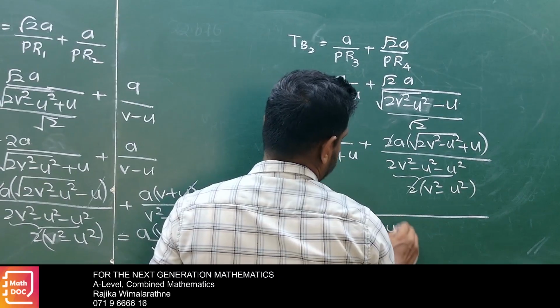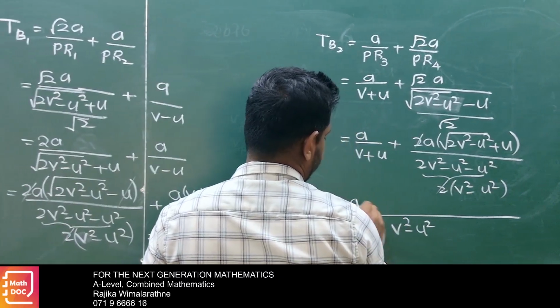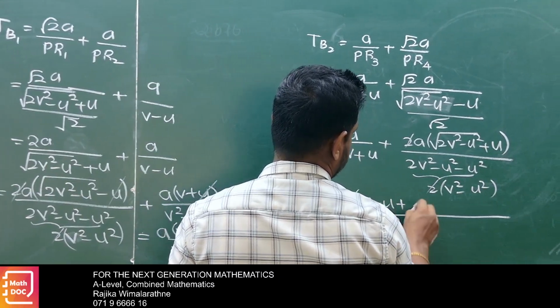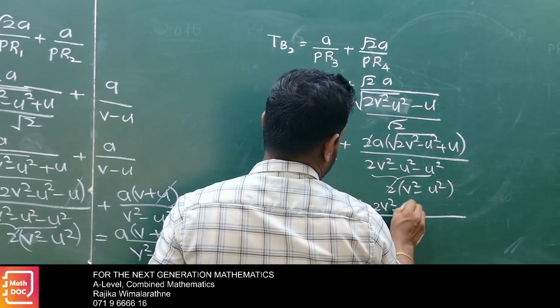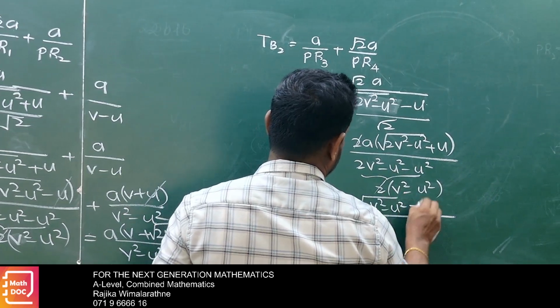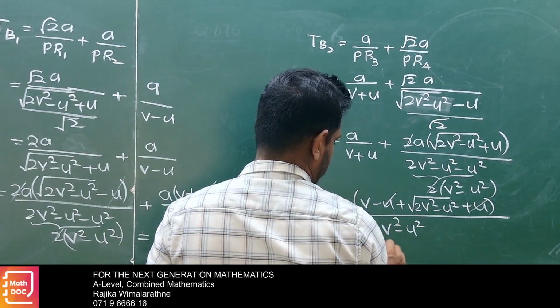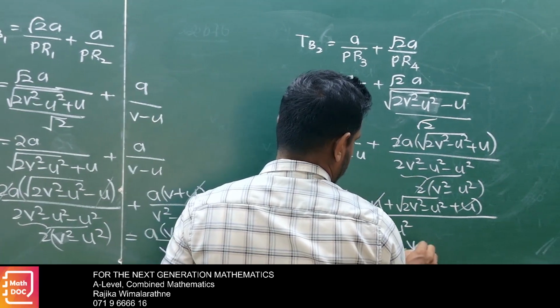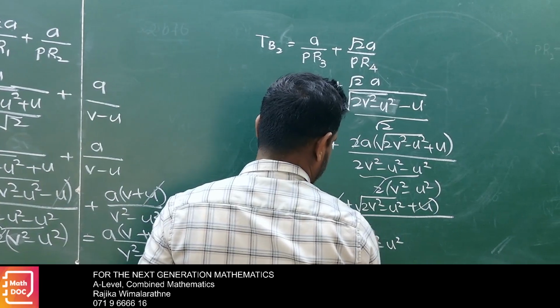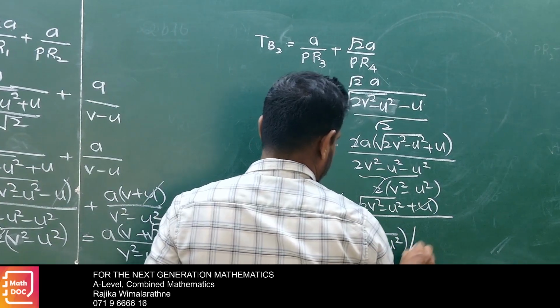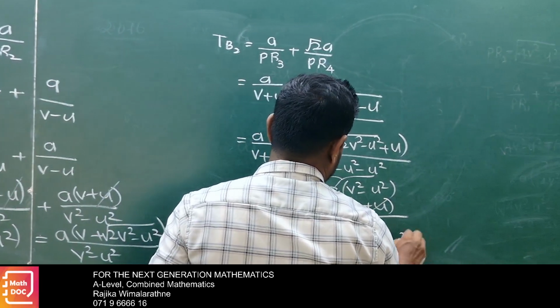Then V squared minus U squared, take the common denominator: A times V minus U plus the square root of 2V squared minus U squared, divided by V squared minus U squared.